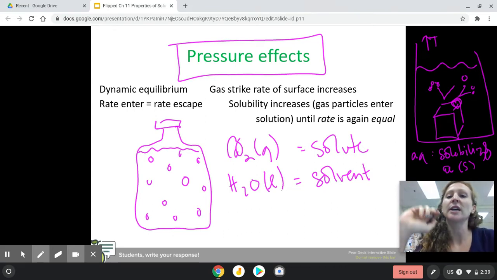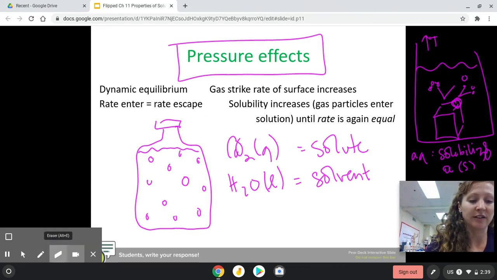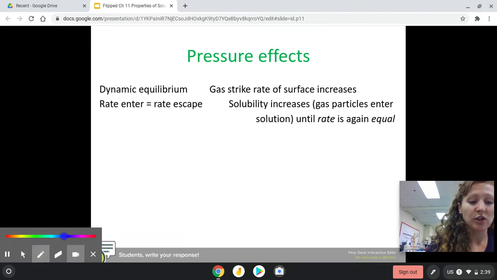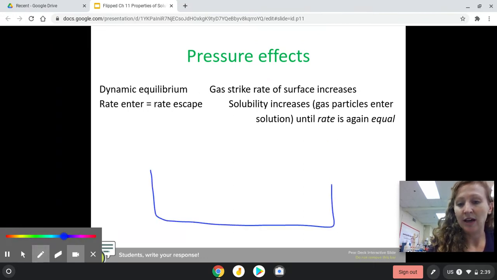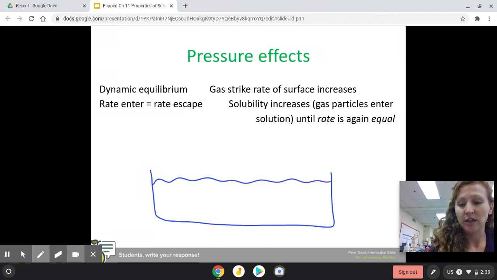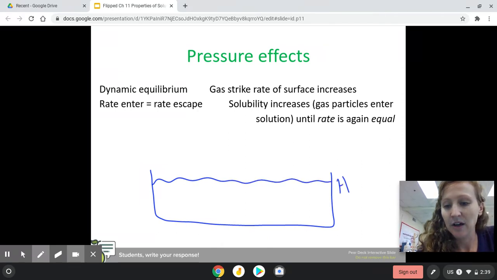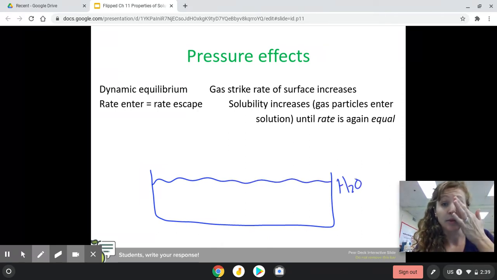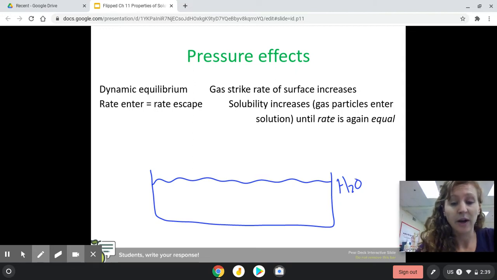So let's take a look at the effect of pressure here. Okay, so let's say we have a solution here of water. Now, if we have an open container of water, above it are going to be a bunch of different gases, right?